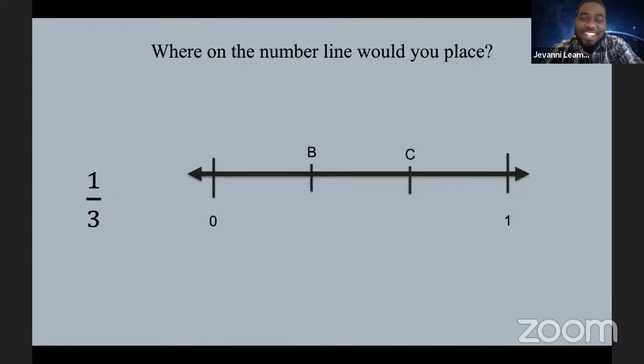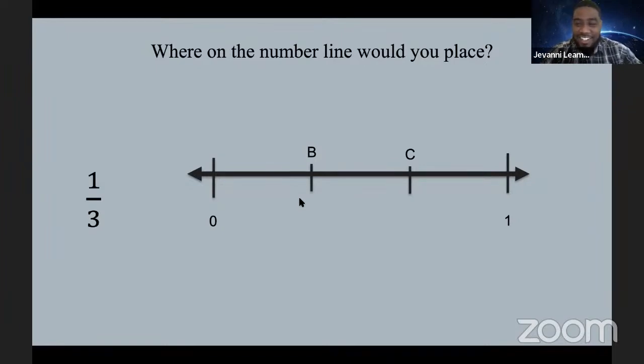That's fine. So now we have the letters B and C. Where should 1/3 be on this number line? Is it at B? Is it at C? Which one is it? B, C, which one? All right, B. Everybody's singing on B.